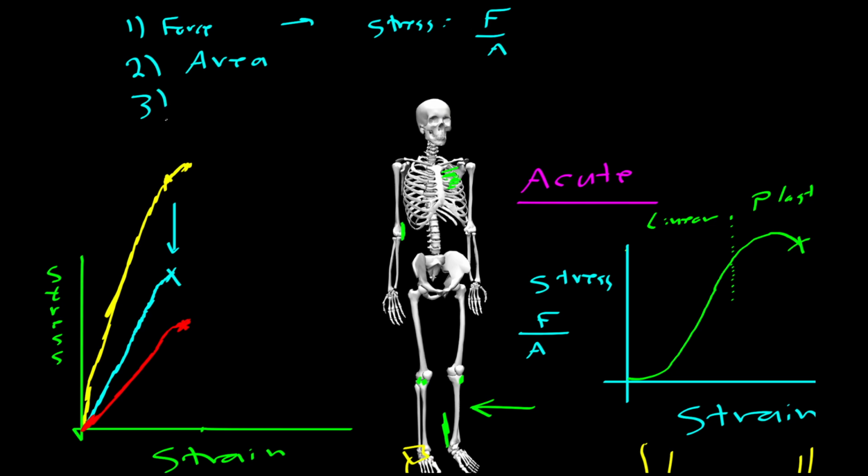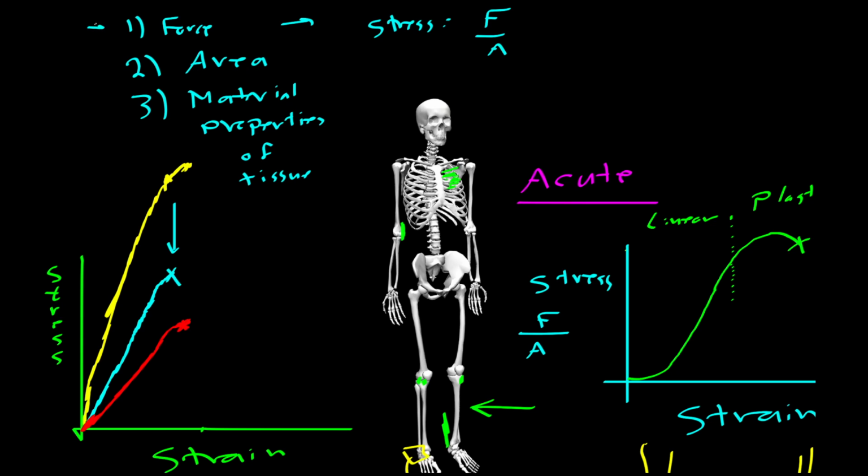And three, the material properties of the tissue. So that's like this versus this, right? Because we're plotting this on stress, you could also have the same material properties, but if say the cross-sectional area is bigger, even then you're still in a better situation.